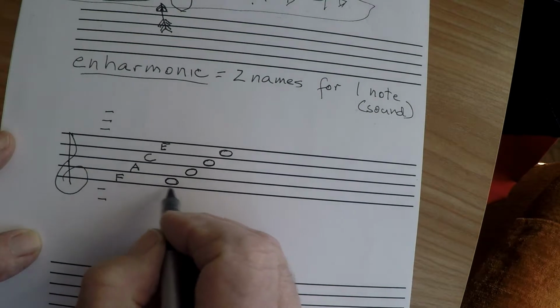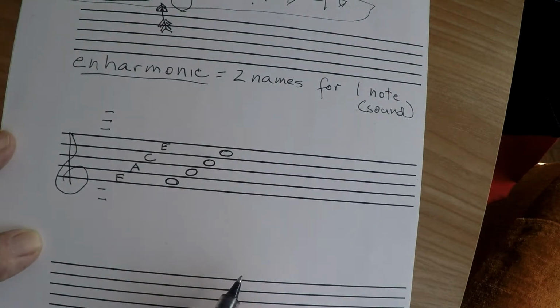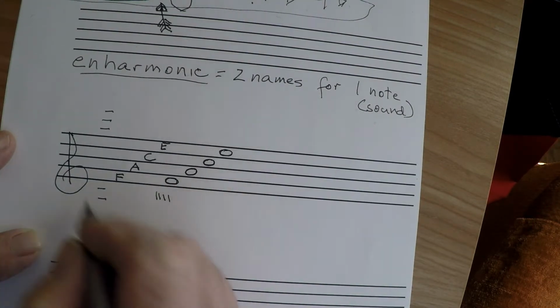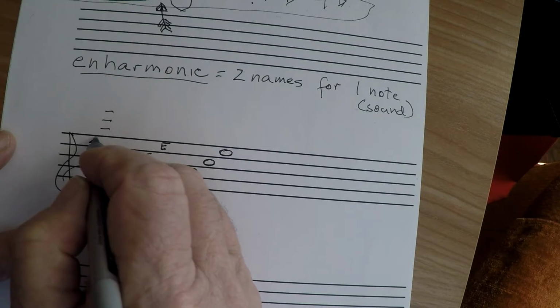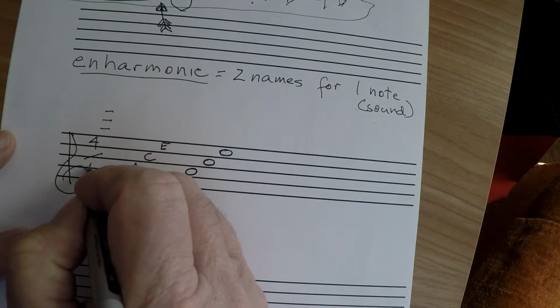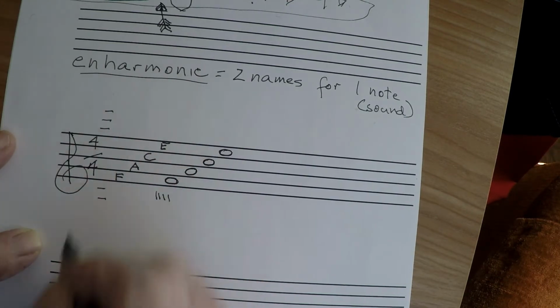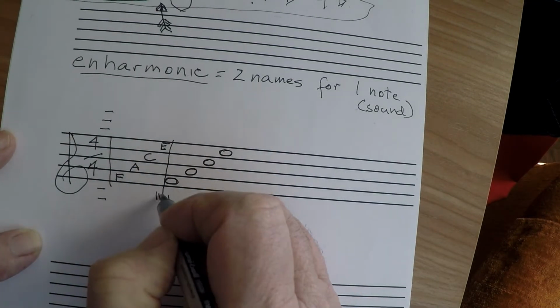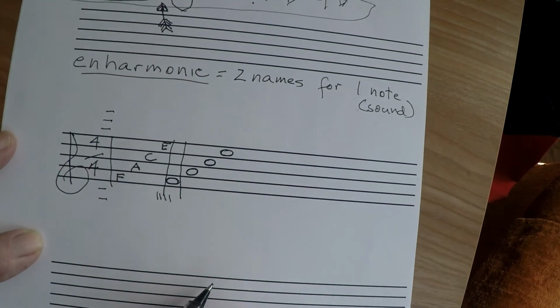If it's an open circle, it's a whole note. It gets 4 beats. 1, 2, 3, 4. If this is written in 4/4 time, then that would be 1 whole measure of 4 beats.